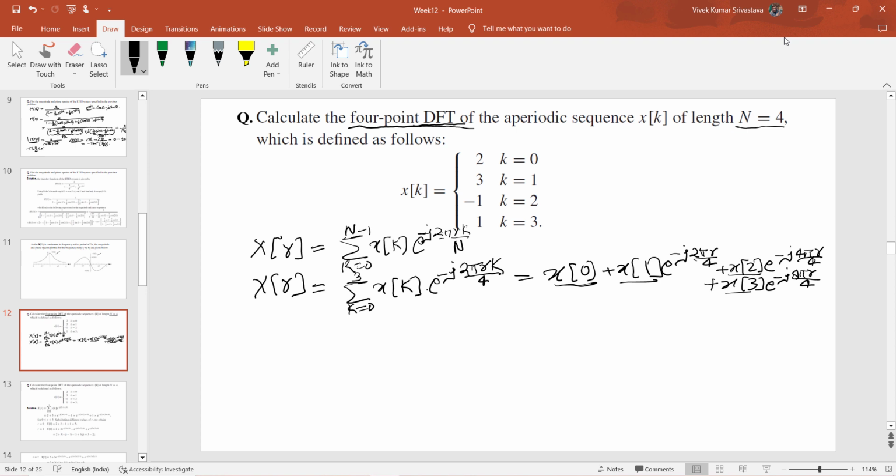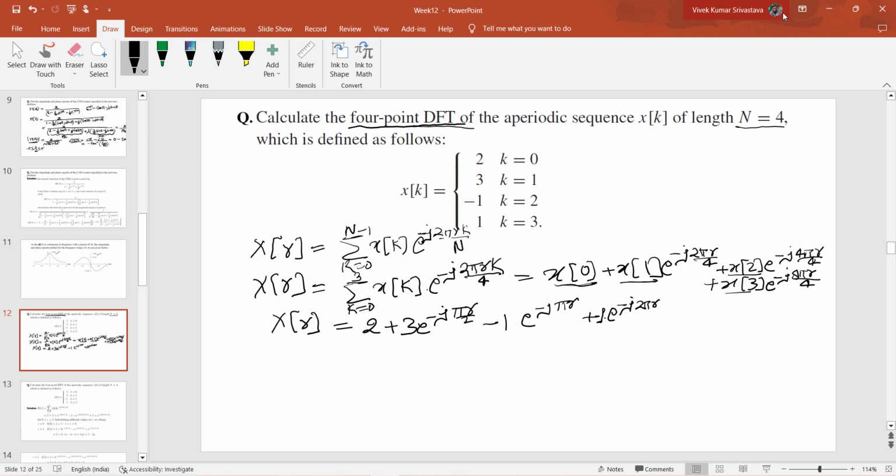So we can replace these coefficients, and the final x of r value that we will get is written as 2 plus 3 e raised to the power minus j pi r by 2 plus, sorry, this will be minus 1 into e raised to the power minus j pi r plus 1 into e raised to the power minus j 2 pi r.